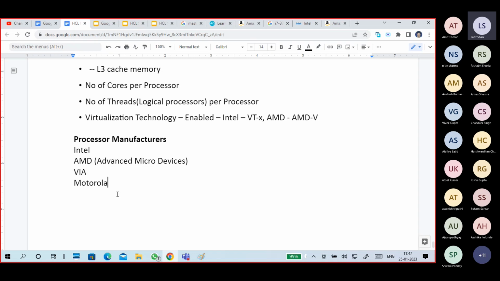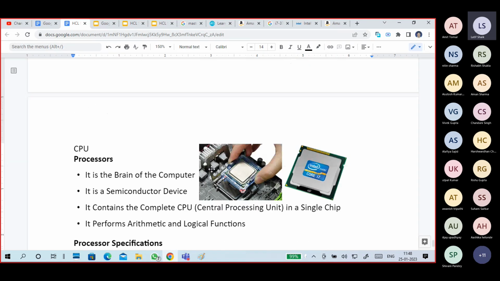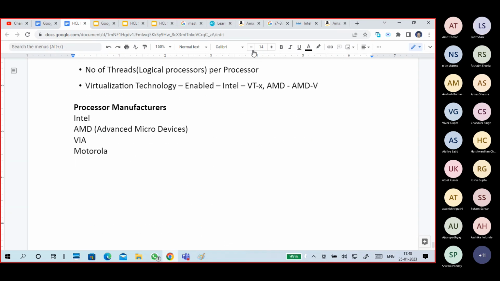But mobile phone related and other device related processors are manufactured by different organizations, including Motorola, Snapdragon, MediaTek, Samsung. Different manufacturers are manufacturing processors for different devices. For computers, mostly we use Intel or AMD. ARM based processors are also there.